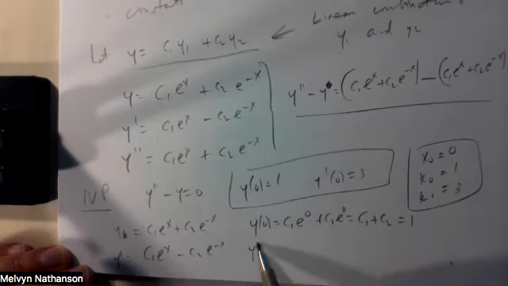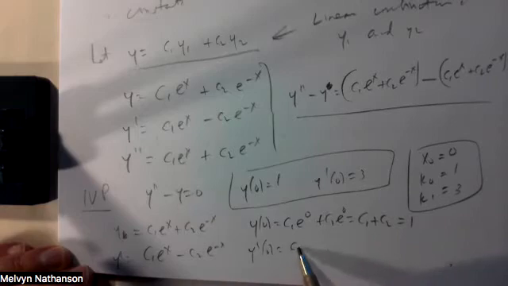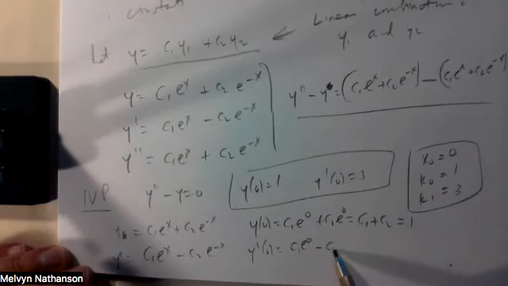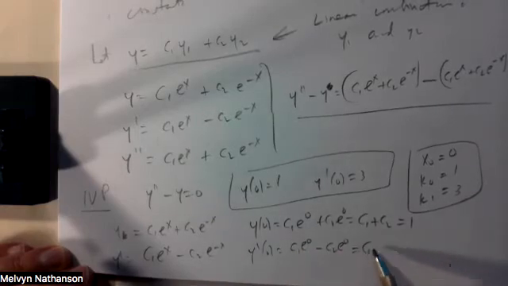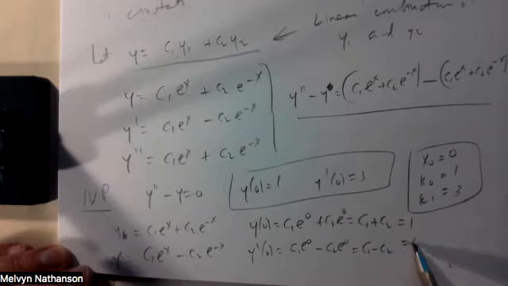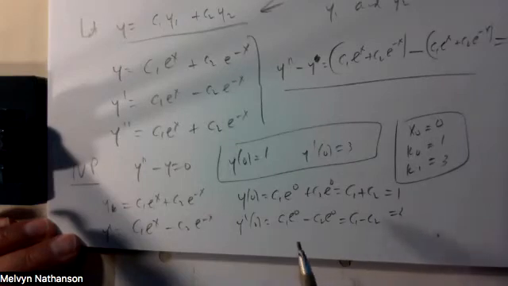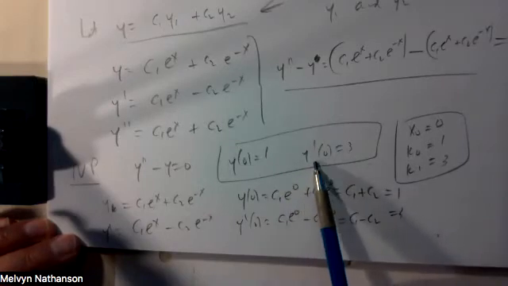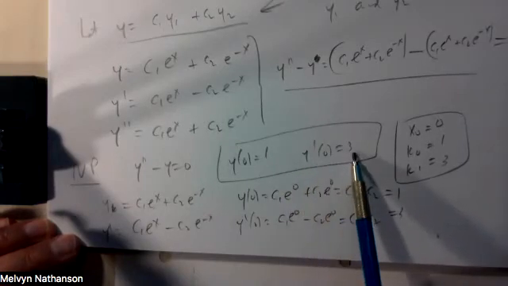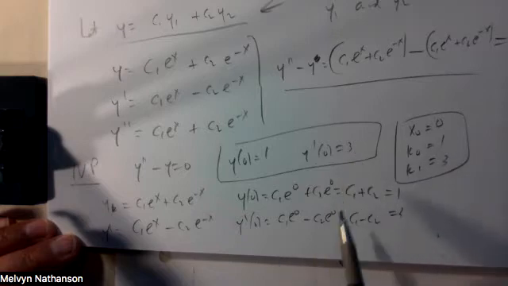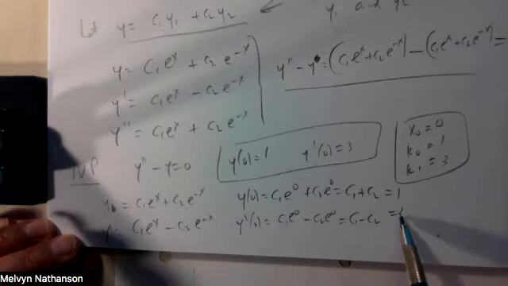And if I evaluate y prime at 0, that's C1 e to the 0 minus C2 e to the 0. That's C1 minus C2, and I want that to equal 3. So I will have a solution of the initial value problem if I can find constants C1 and C2 that satisfy these two linear equations.